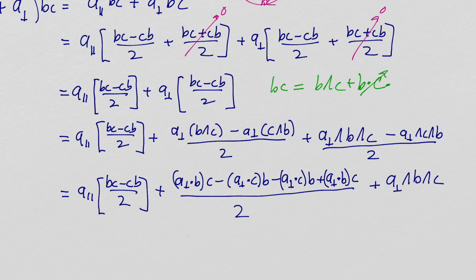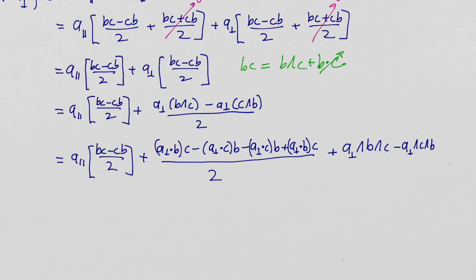So I replace BC with B wedge C, and likewise CB gets replaced with C wedge B. And that's in this perpendicular part. And oops, I made a little mistake here that I just cleaned up. So don't ignore the part that was just sitting there before, because that doesn't belong.